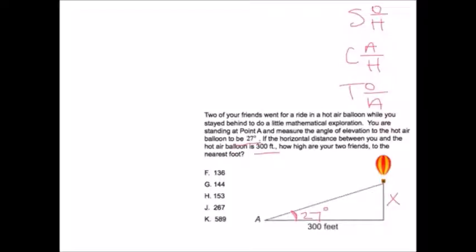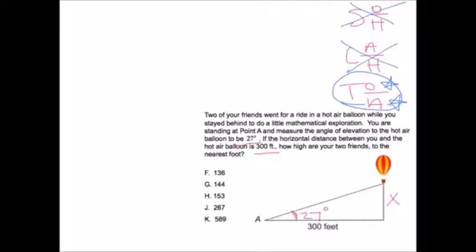All right, it looks like from 27 degrees, from here, we have the opposite and we have the adjacent. We're not working with the hypotenuse at all. So I'm going to cross off sine, because that has hypotenuse in it, and so does cosine. Tangent is our winner because it deals with opposite and adjacent side.